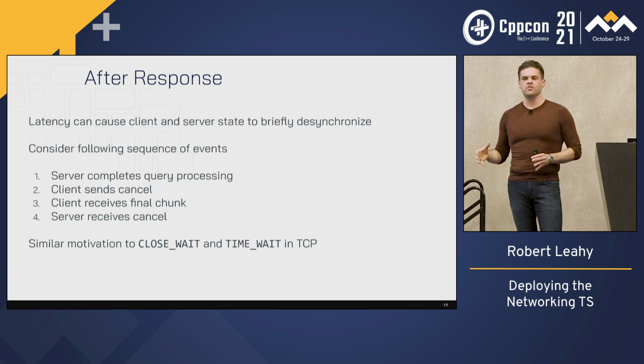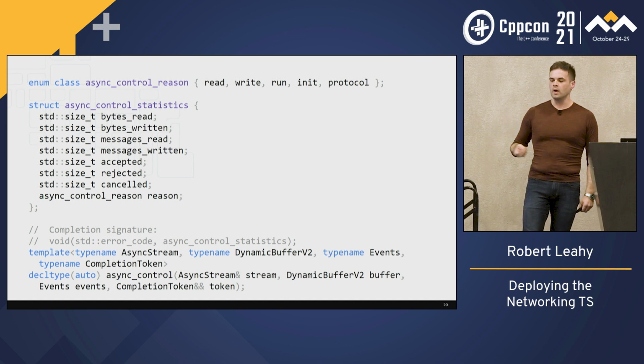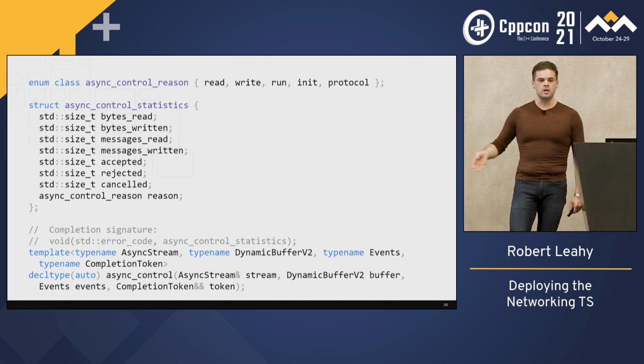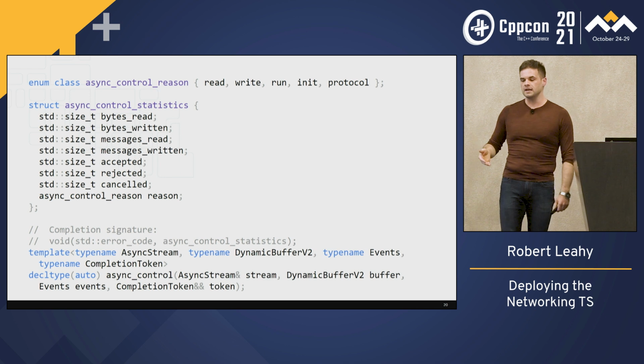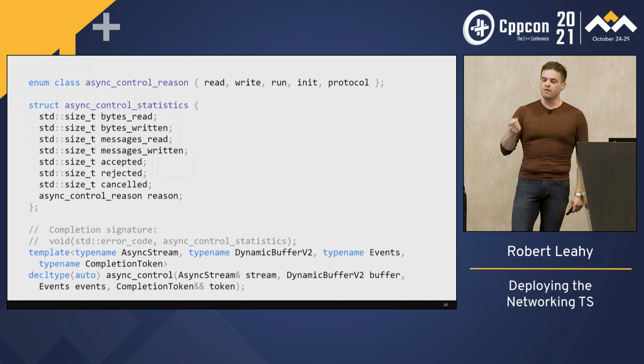Now that we understand that state diagram, let's actually try and reify it in an operation that will abstract all those complexities away. We begin with a reason enumeration, which is rapidly becoming an idiom, and a statistic structure, which is also becoming an idiom. Then we have the initiating function for our asynchronous operation.